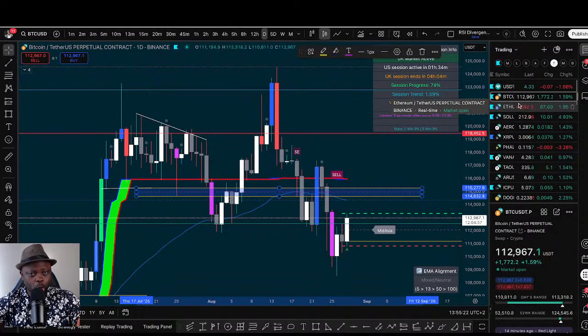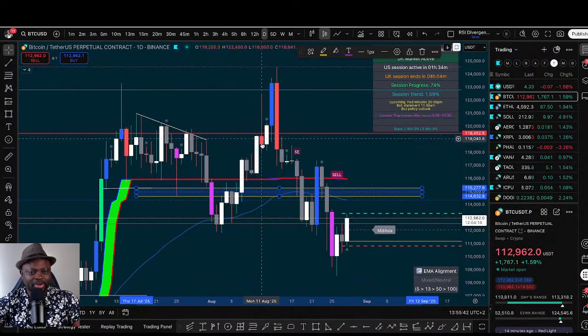Now let's go to the lower time frame and look if we have some trades here for today. But guys, don't forget what I mentioned in my previous video. We are going to see Bitcoin go to about 120K before anything else happens, at least. Why? Because of this huge vector here, and this vector is liquidity.